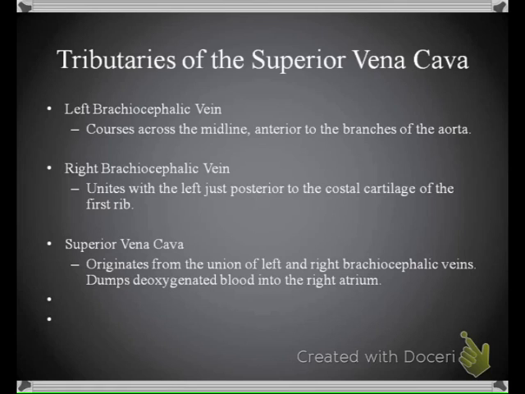Also, we have the left brachiocephalic vein, which courses across the midline anterior to the branches of the aorta. The right brachiocephalic vein, which unites with the left just posterior to the costal cartilage of the first rib. And then we have the superior vena cava, which originates from the union of the left and right brachiocephalic veins and dumps deoxygenated blood into the right atrium.